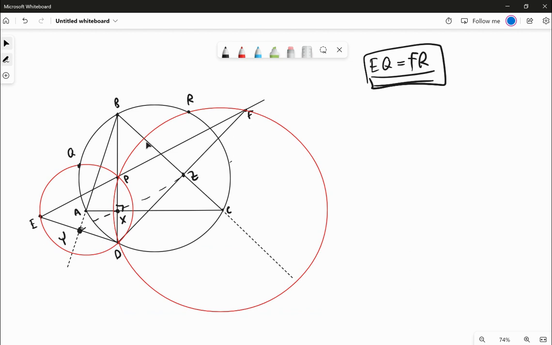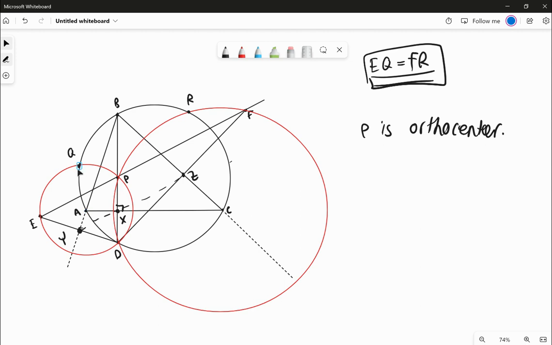But we know that DX equals XP, so P is the orthocenter of triangle ABC. In particular, we know that if Q is the intersection point here, then AP equals AQ, which is equal to AD, because A is a circumcenter.